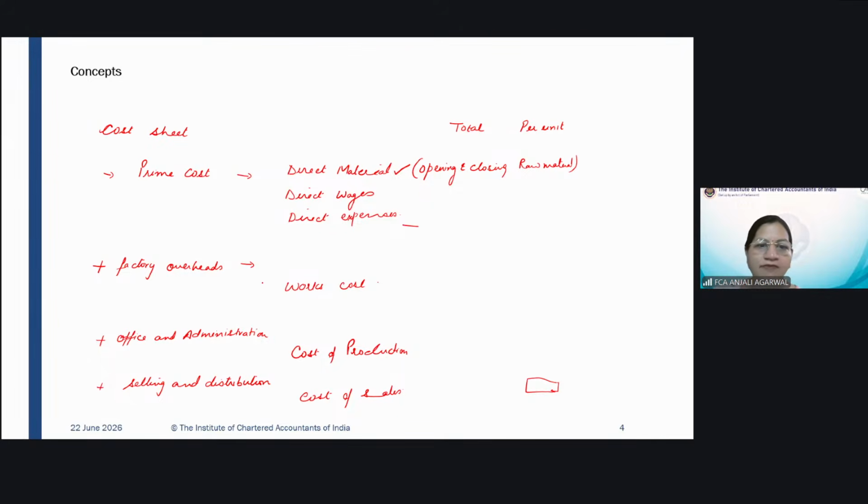To prime cost, you add factory overheads and you get the works cost. This works cost may be called the gross works cost. And here you adjust the opening work in progress inventory, and subtract the closing stock of work in progress.